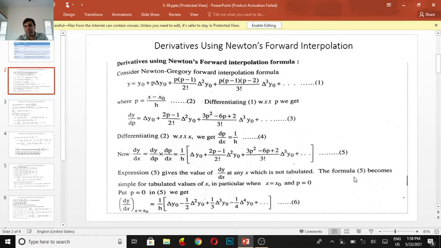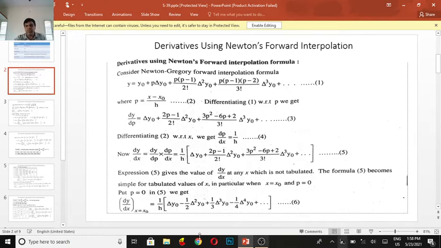The formula becomes simpler for tabulated values of x, in particular when x equals x naught and p equals 0. Putting p equal to 0, we get dy by dx at x equals x naught equal to 1 by h times delta y naught minus 1 by 2 del square y naught plus 1 by 3 del cube y naught minus 1 by 4 del raised to 4 y naught plus, etcetera.